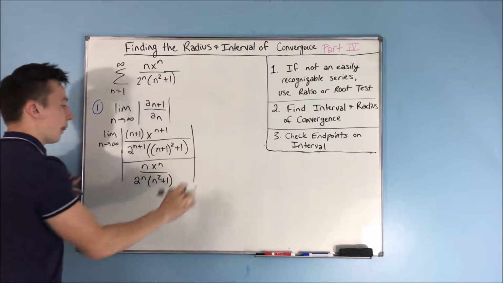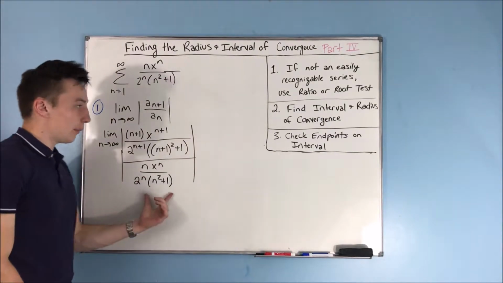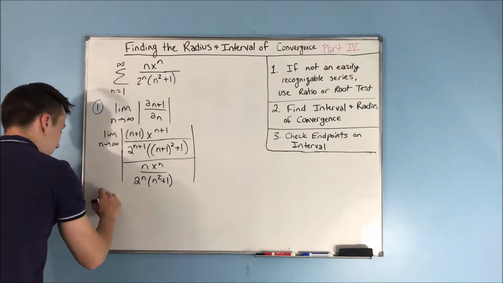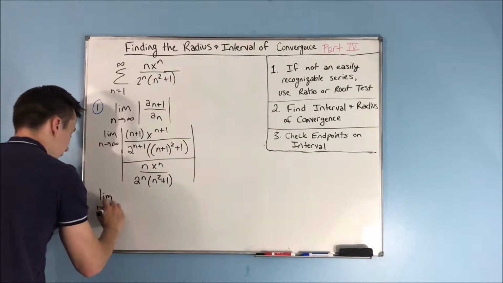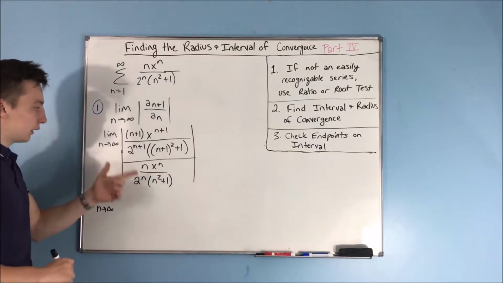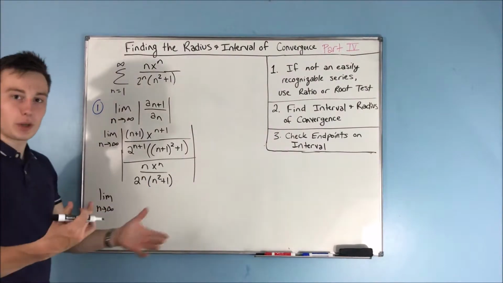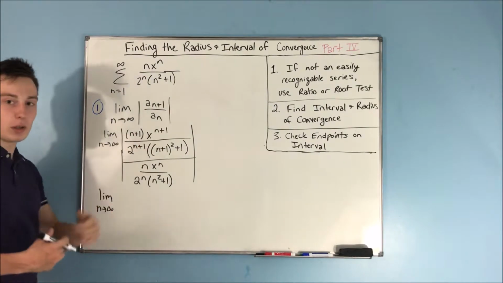Now we have to make this look a lot better because it looks like garbage right now. So we're going to group up each little part, like the n, and what went with that. What was the n plus 1 version of n? Well, it was that n plus 1 up there.